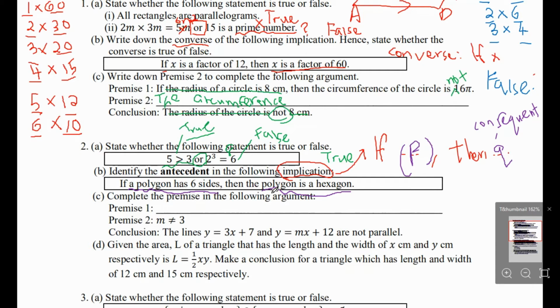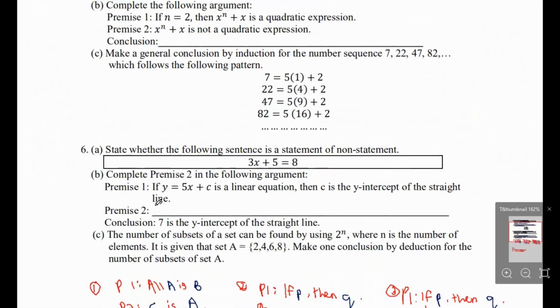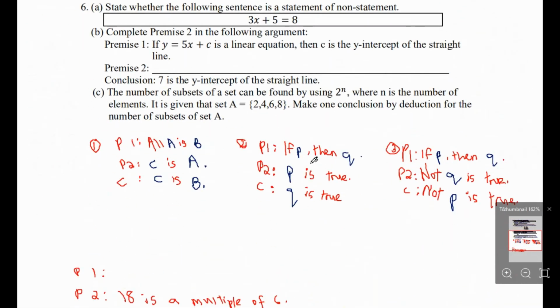Complete the premise in the following argument. Okay, so we have to fill in the premise 1. For premise 1, we only have 2 kinds of format. Okay, first type, premise 1 will be all A is B. Then premise 2 gives you C is A. Then the conclusion will be C is B. Okay, second type will be premise 1, if P then Q. Premise 2 gives you P is true.